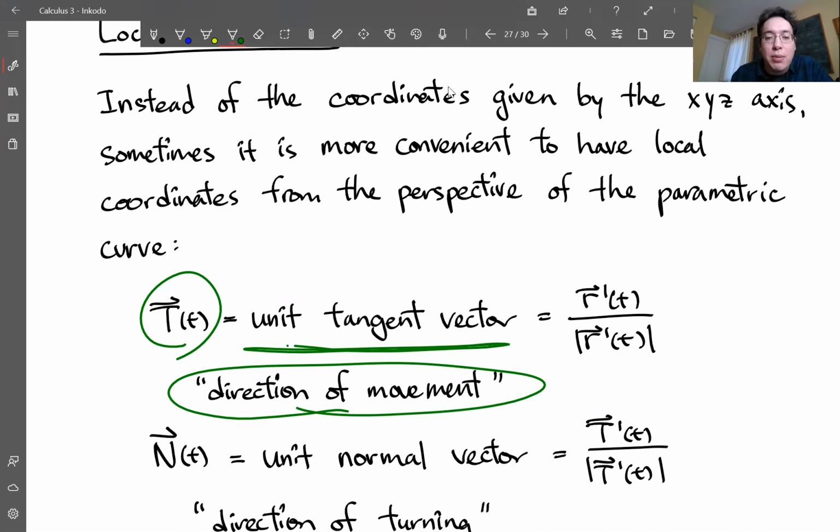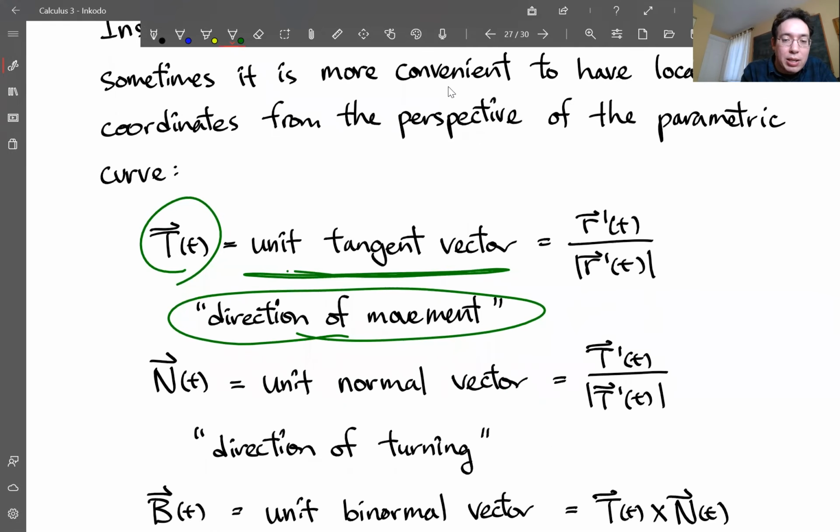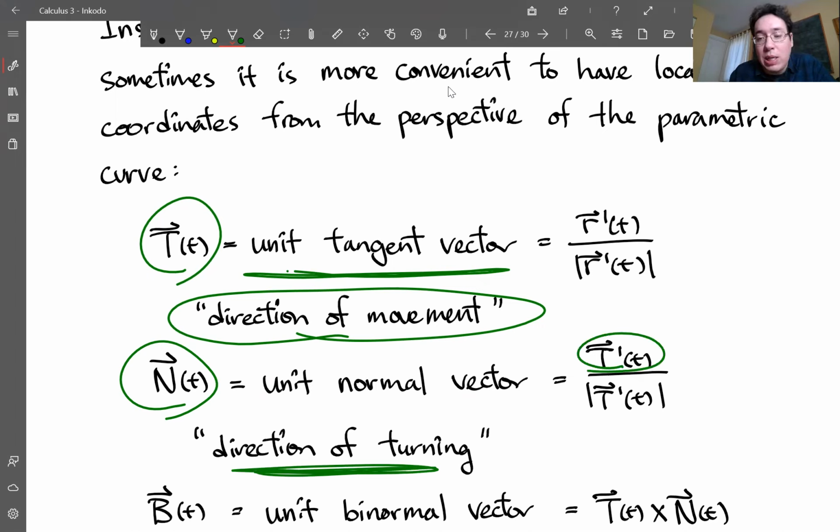Okay, the next direction that's important to the motion is the direction in which you are turning. So that's called the unit normal vector, and that's the direction of turning. So how do you compute this? Well, you look at the derivative of the unit tangent vector itself.